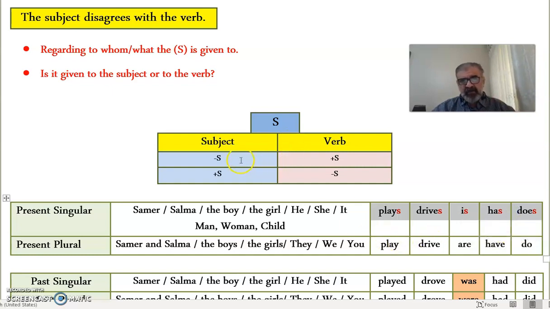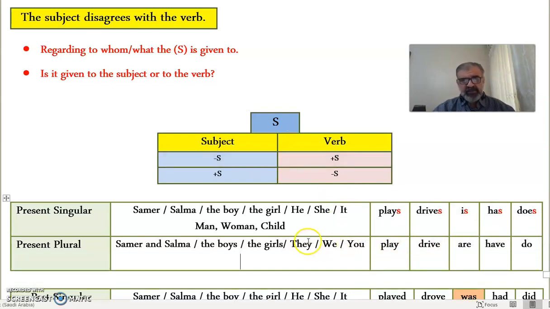While on the other hand, if our subject, as you can see, has an S at the end, moreover, I could add more words like men, women, and I think you guessed it, children.